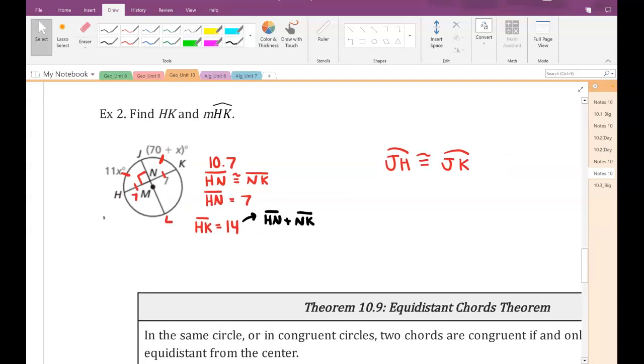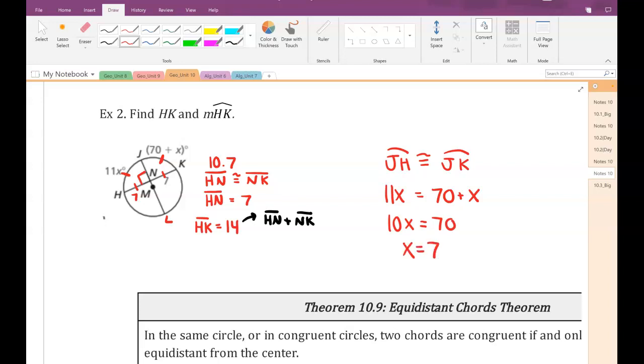So then we can set things equal to each other and plug in what we know. We know JH is 11x. We know that JK is 70 plus x. And we're going to go through and solve. So this would be quick. Subtract x from both sides. So 10x is equal to 70. Divide each side by 10. x is equal to 7.